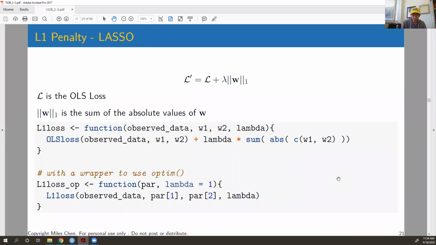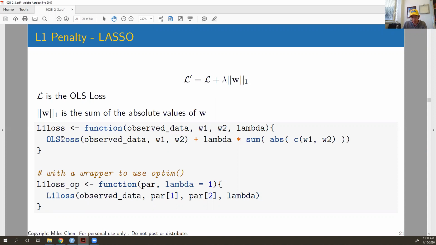All right, and so now I'm going to modify the loss function, okay? I'm going to create a new function called L1 loss. The L1 loss is the ordinary least squares loss, plus lambda times our L1 norm, okay?